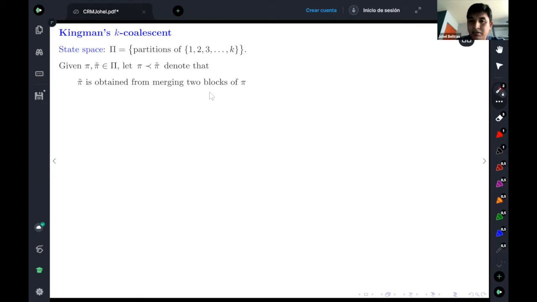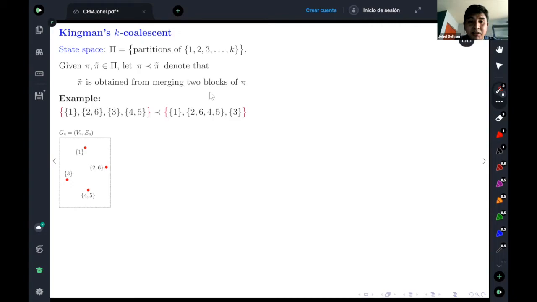Given two partitions, we will write it like this to say that this partition is obtained from this other partition by merging two blocks. For example, here this is a partition which we obtain from this partition by merging these two blocks, the block 2,6 and the block 4,5.